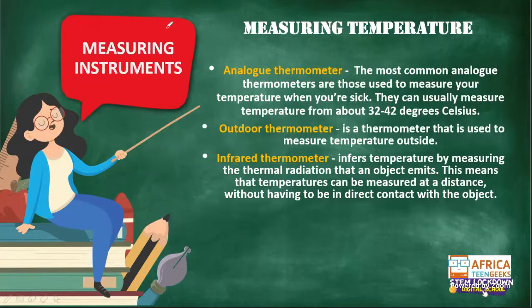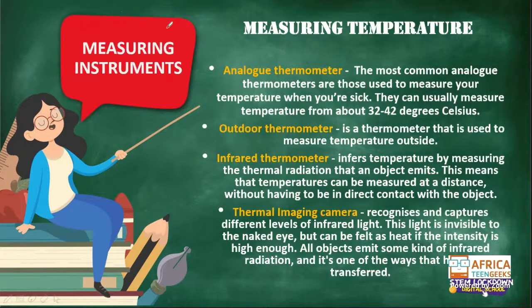And then we get some very fancy, very state-of-the-art thermal imaging cameras. Now, these cameras will give you an image in colors. So a certain color would represent a certain heat. So it recognizes and captures different levels of infrared light.